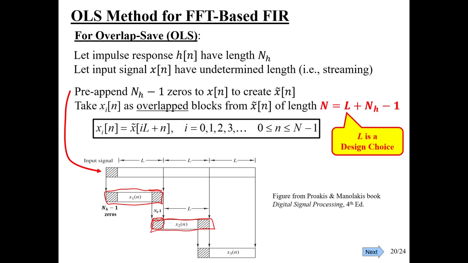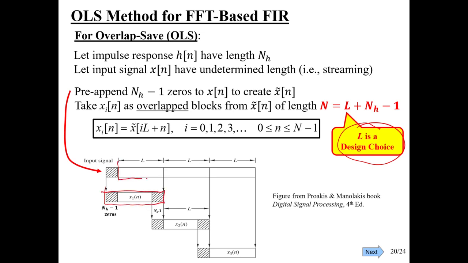So if you want a mathematical definition for how we define these blocks, we can write it this way. And this has the tilde, so that means it has the pre-appended zeros. That's just for mathematical notation. And our L here is a design choice. Notice that L is not the actual block size, right?